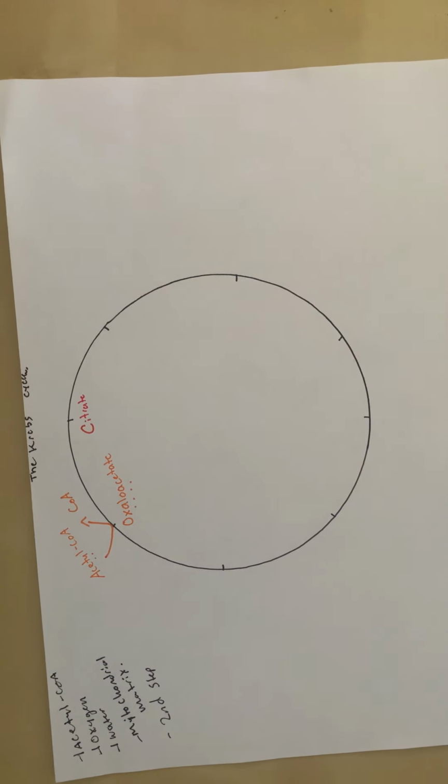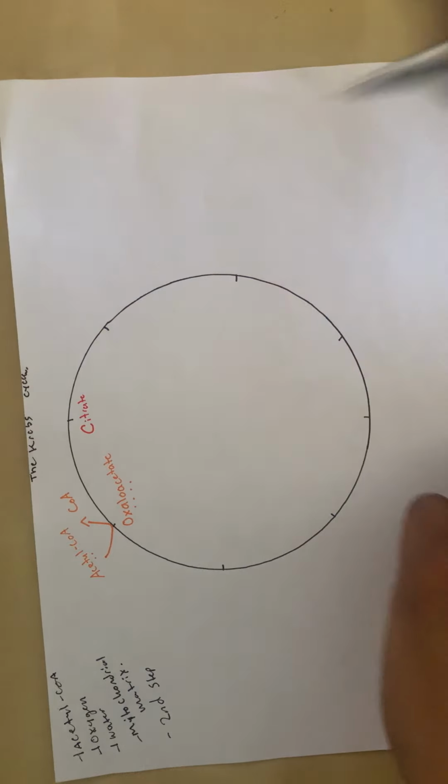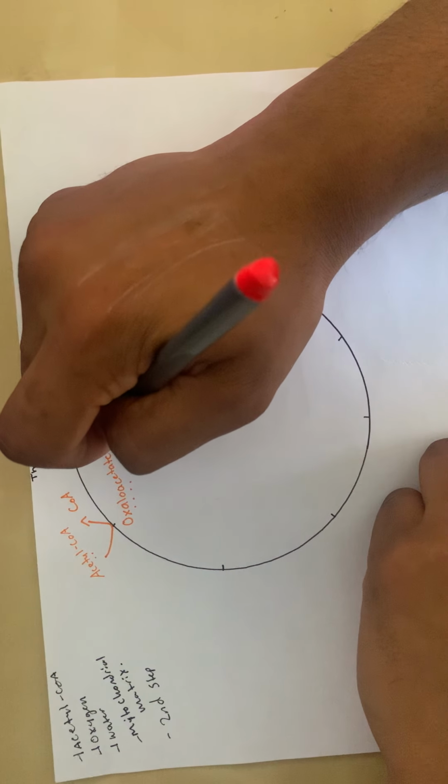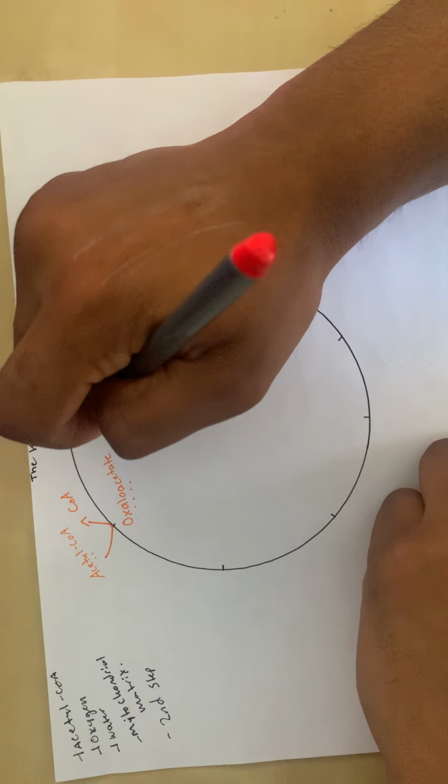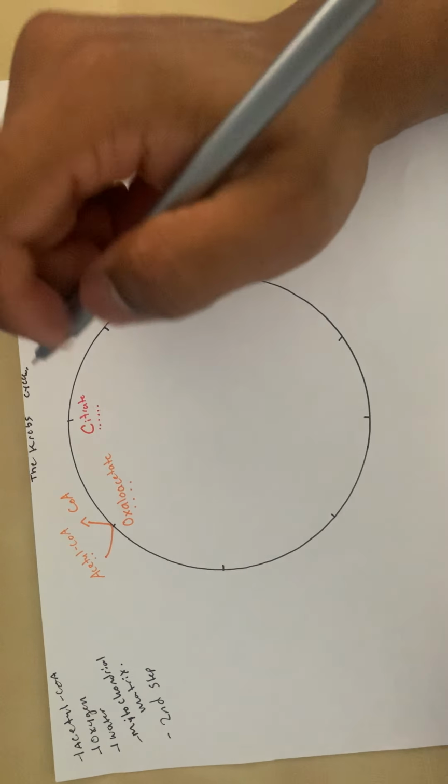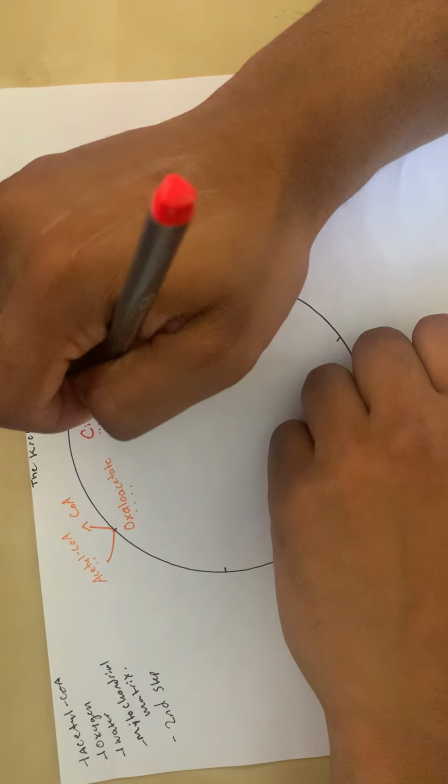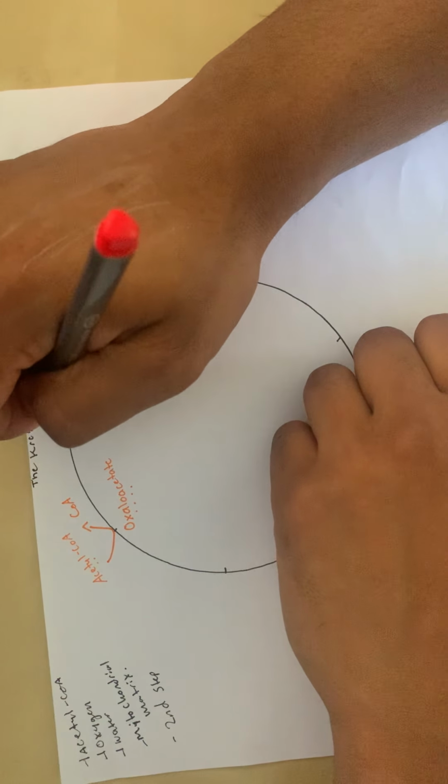Now, the second step, citrate, the now 6-carbon molecule, is going to undergo an isomerization reaction. So we'll write that somewhere.